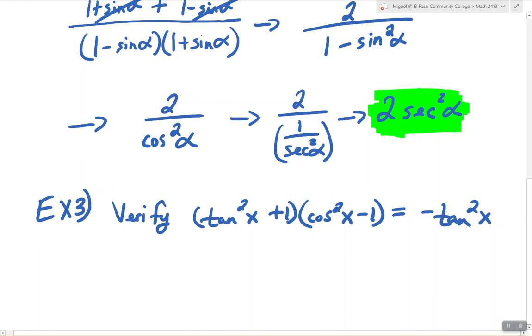So definitely the left side looks more complicated, so we'll work on the left side.